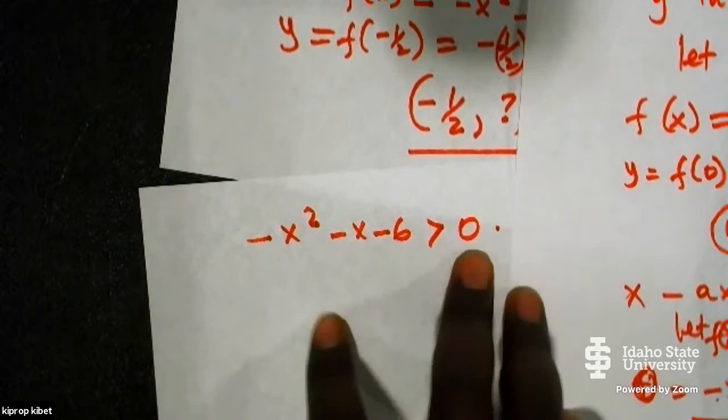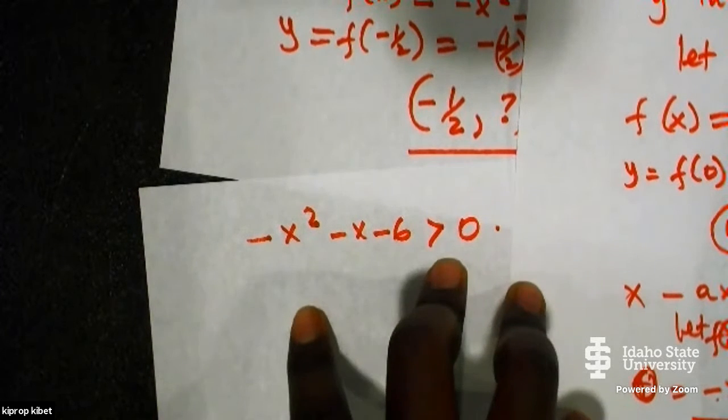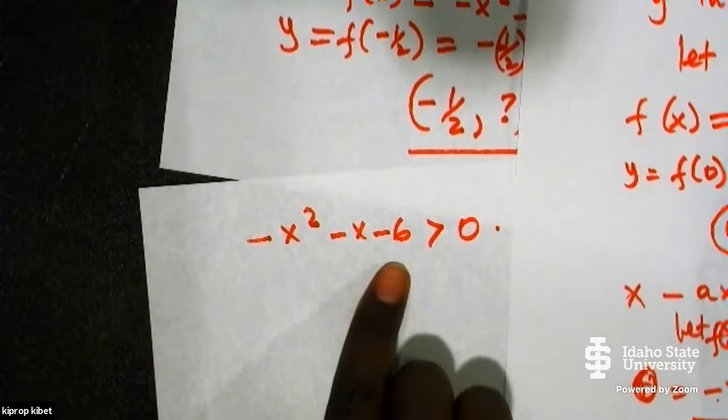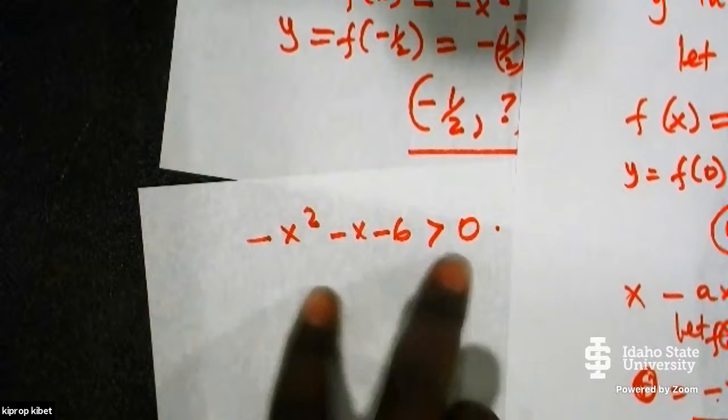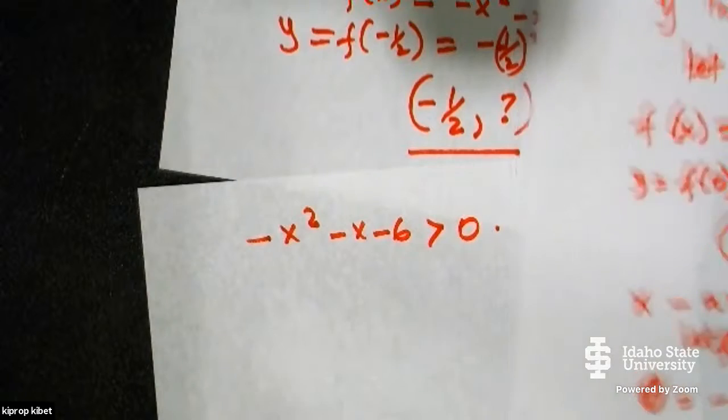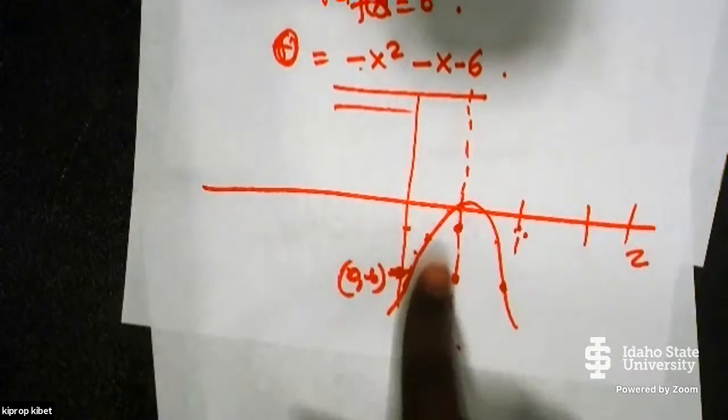So here, you use the graph. We discussed how to solve the inequality graphically, right? So you need to know how to get the interval notations from the graph.